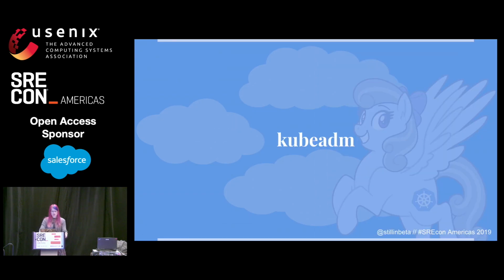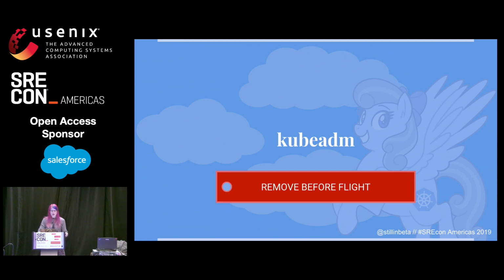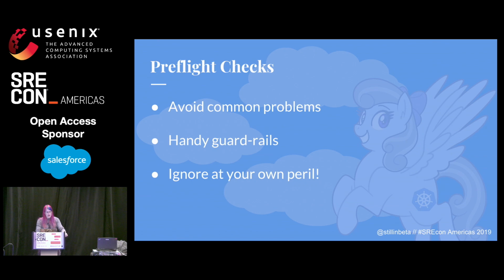So this is going to be our introduction to kubeadm. Kubeadm is a component that I have worked on that is supposed to be the easy installer for the Kubernetes experience. So the first thing that it does is it's going to take us through a whole bunch of pre-flight checks that are intended to be sort of like guardrails for getting your Kubernetes set up.